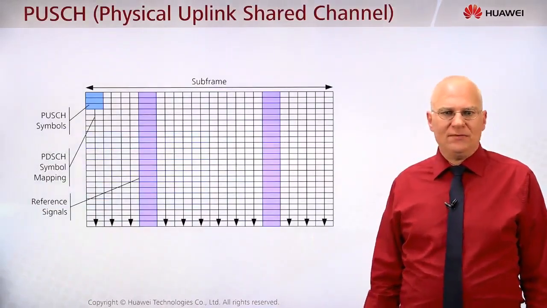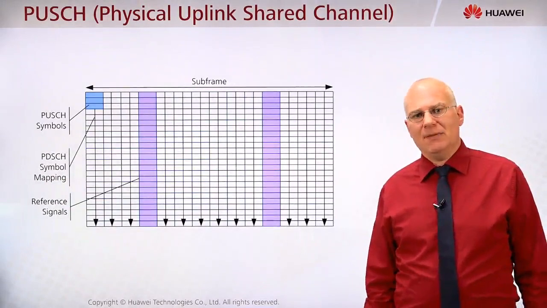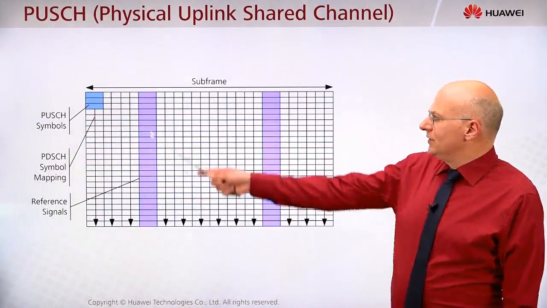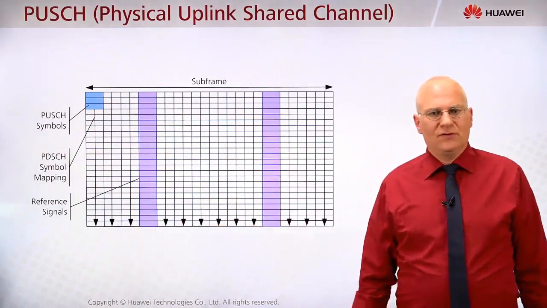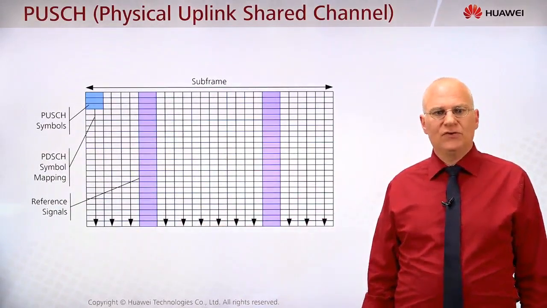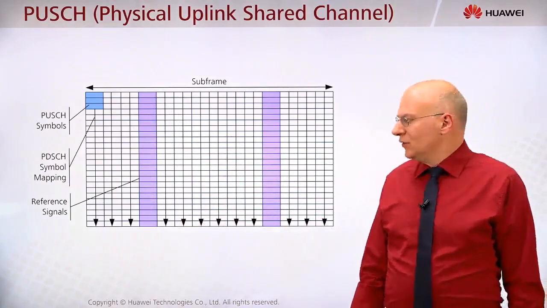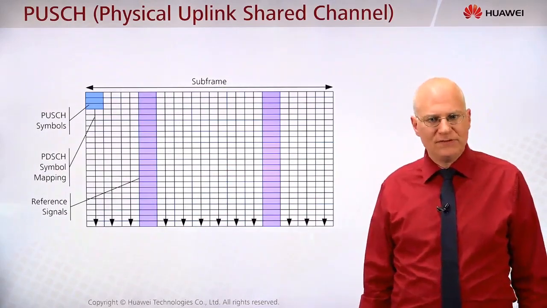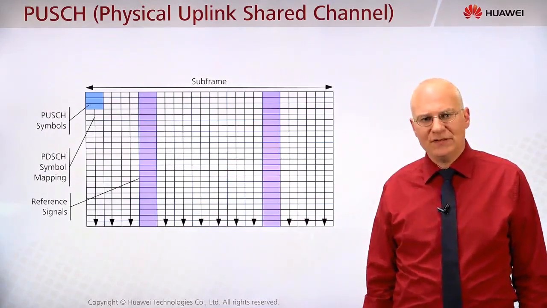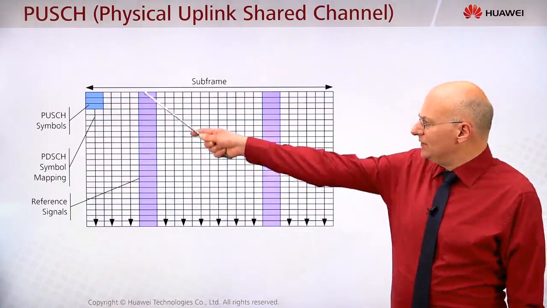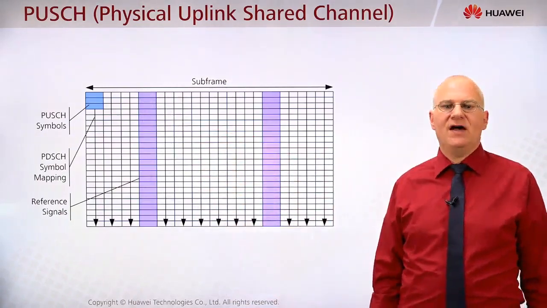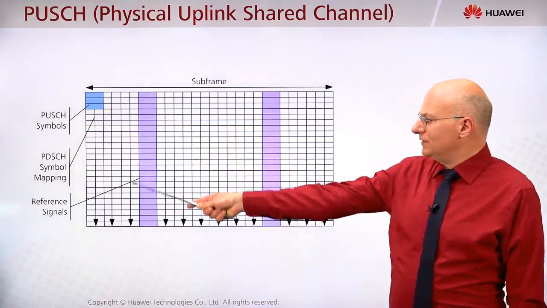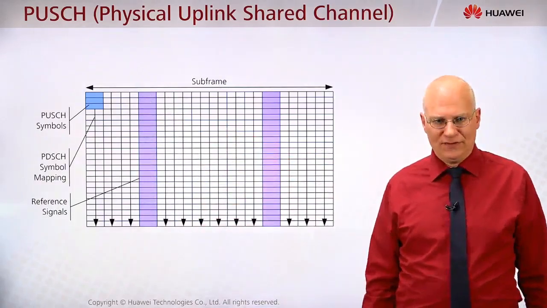So the next channel, the last channel in the uplink, is the physical uplink shared channel. The resource grid is similar to the downlink, but we have no control region at the beginning, in the first up to 3 symbols. All these resource elements can be used by the user data, starting from the lower frequencies and going to the higher frequencies.